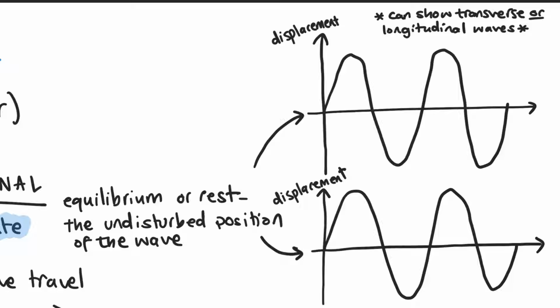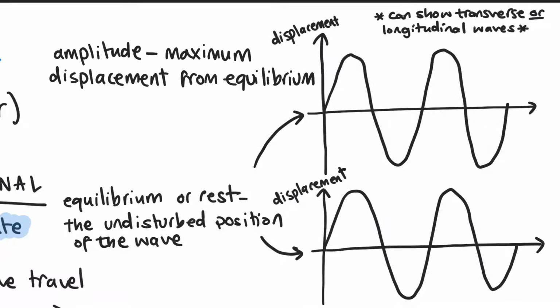We actually give a name specifically to the maximum displacement from that rest position, and that name is the amplitude. So the amplitude is the maximum displacement from the equilibrium position.